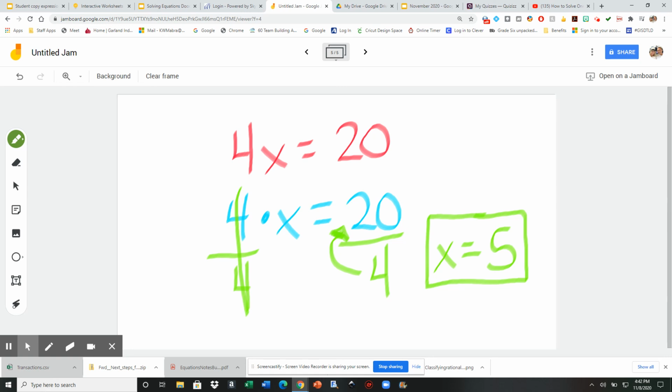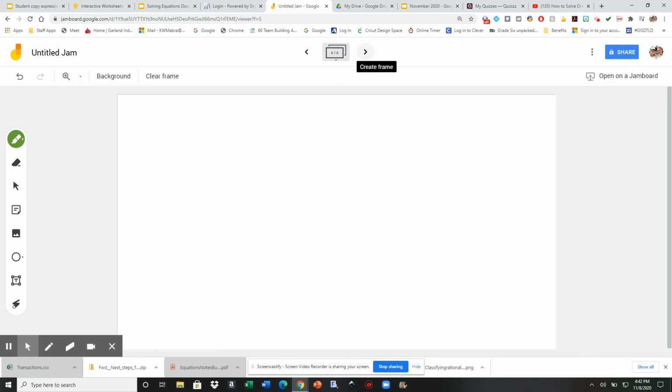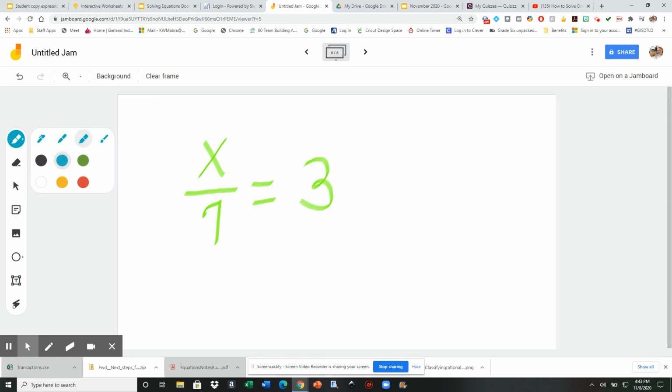All right, let's try one more division, and then you can do your quizzes. So division would be x over 7 is equal to 3, or x divided by 7 is equal to 3. How do you undo divided by 7?